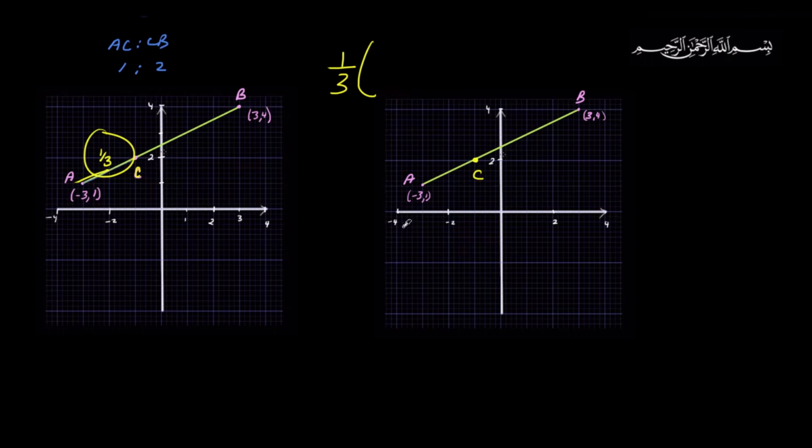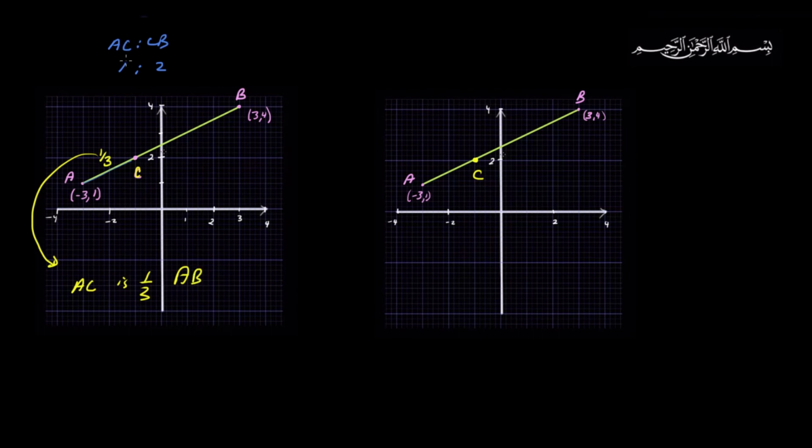So if you write this, C is 1/3 the distance. If you say 1/3, this means that AC is 1/3 of the whole thing. AC is 1/3 of AB. That's what that means.